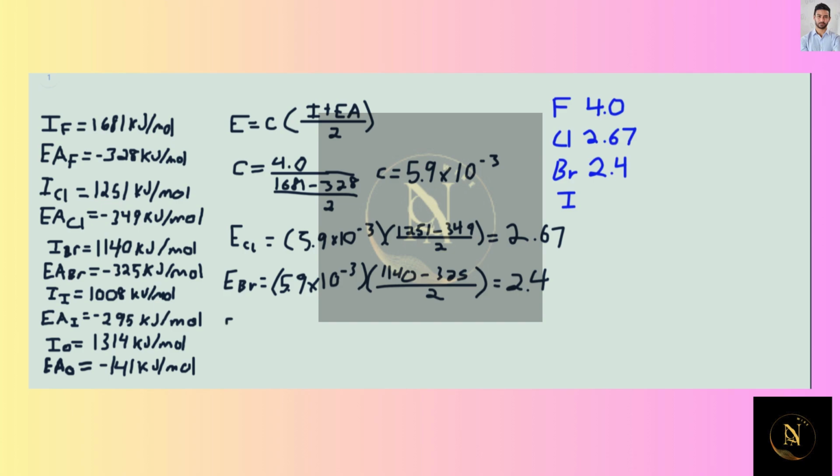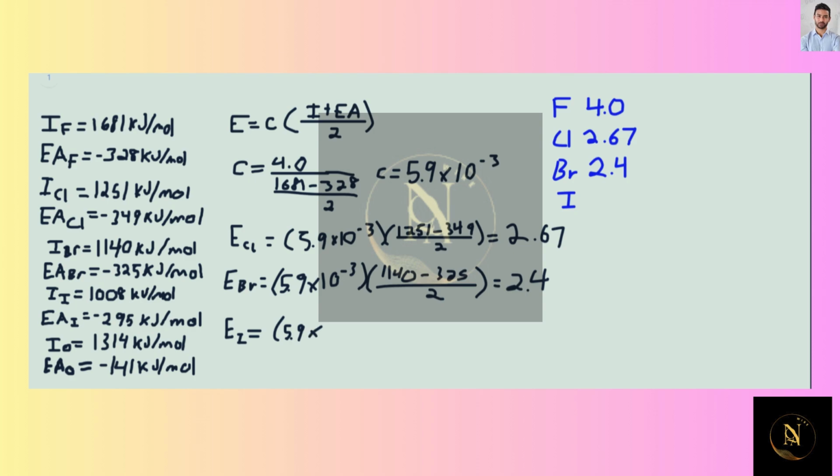That last one is our bromine, so that is the answer to what was asked. Our scale for electronegativity for bromine is 2.4.